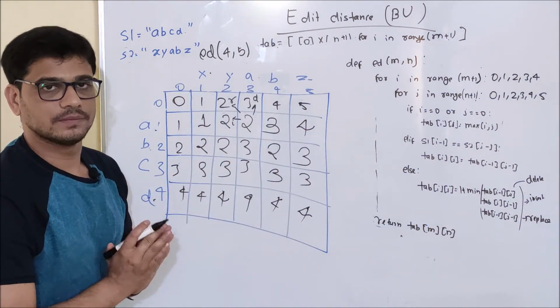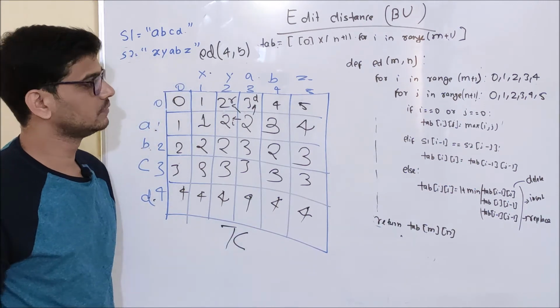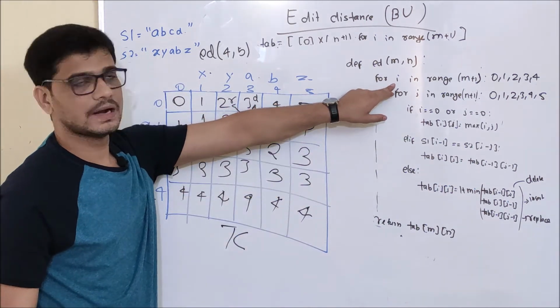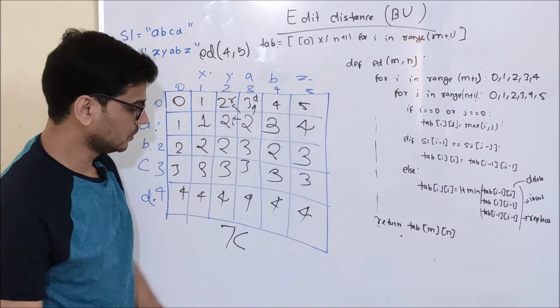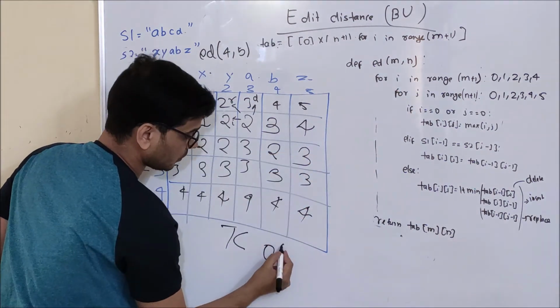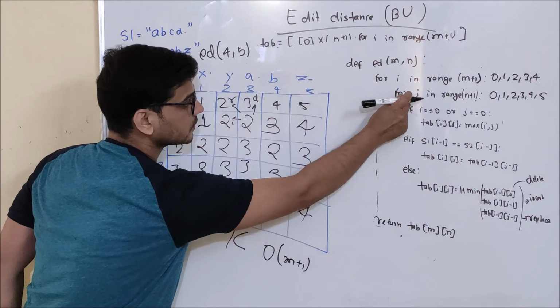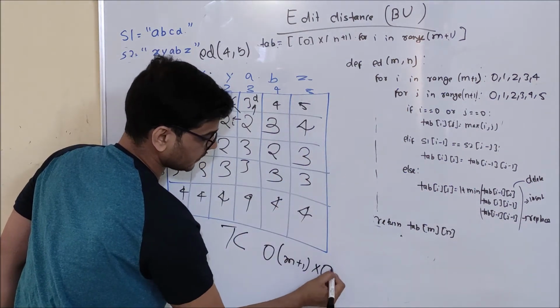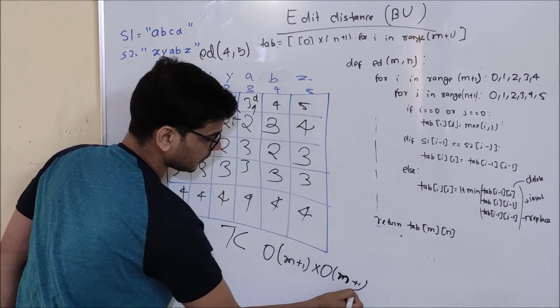Now comes the main thing, time complexity. What will be the time complexity here? See, inside this for loop, this will execute. Okay, so this for loop will execute for order of m plus 1, and inside it there is another for loop which will execute for order of n plus 1.